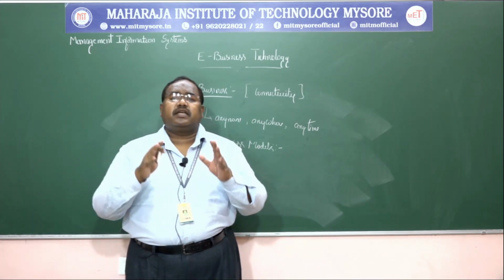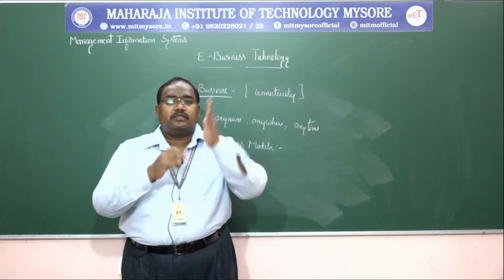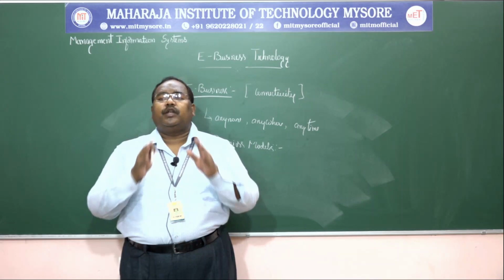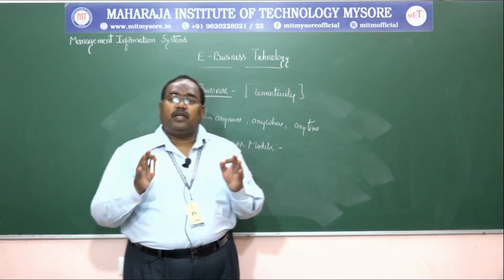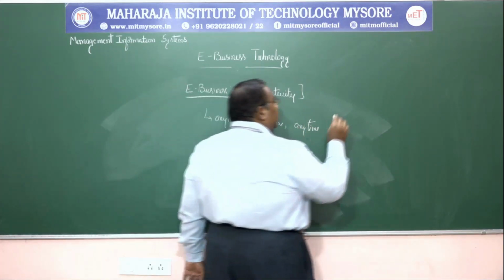A business transaction, especially when you talk about an e-business transaction, takes place between two major entities. What are those two major entities? It is between the business and the customer.